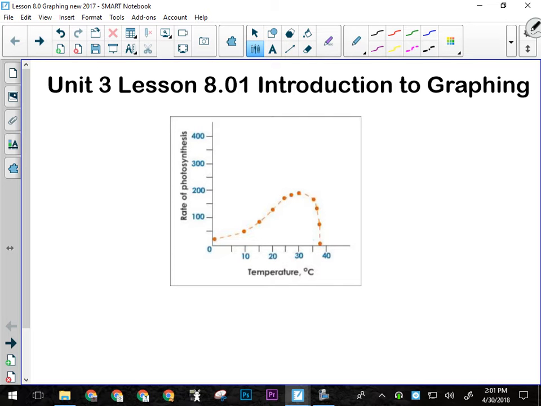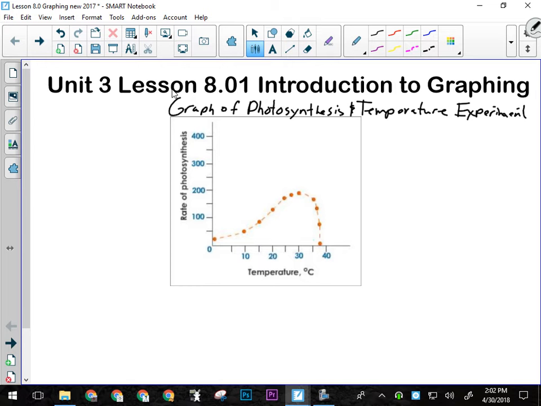And that title shouldn't just be temperature versus rate of photosynthesis. It should be a bit more detailed and actually describe the experiment. Something like, graph of photosynthesis and temperature experiment.